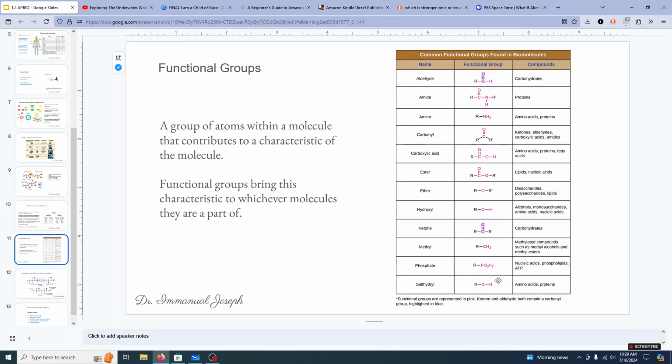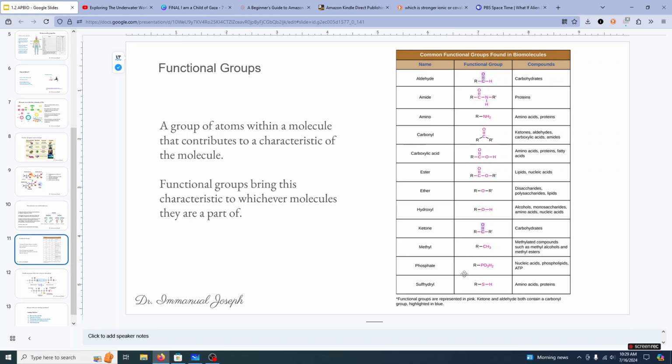structural characteristic for proteins. So all of these aldehydes, amino groups, carbonyl, carboxylic, ester, hydroxyl, ketone, phosphate, sulfhydryl, all of these are polar groups, polar functional groups.